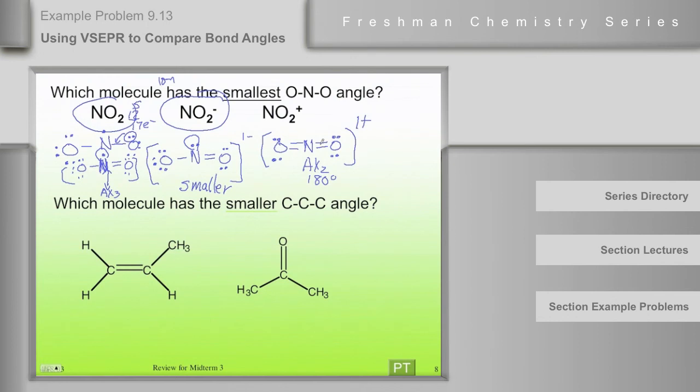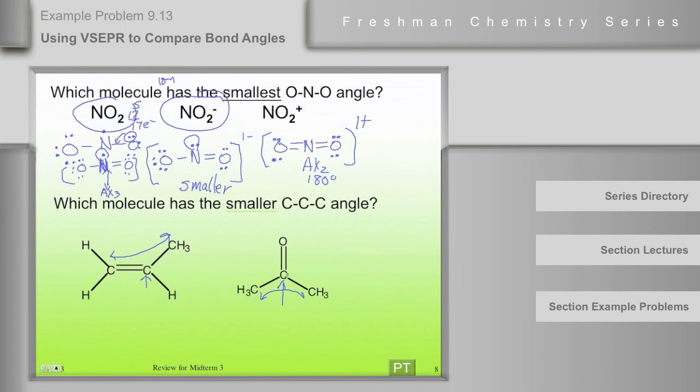Okay, let's look at this part down here. Which molecule has the smaller CCC angle? In other words, this angle versus that angle. Well, the central atom that we're worried about then is this carbon versus that carbon, right? Both of these have 2 single bonds and a double bond around them.